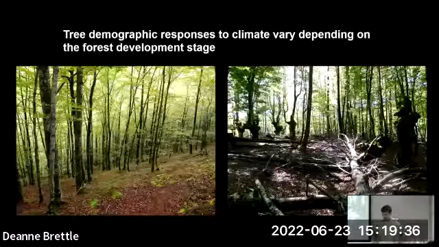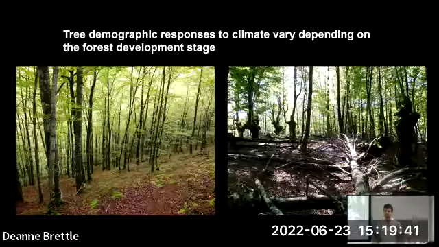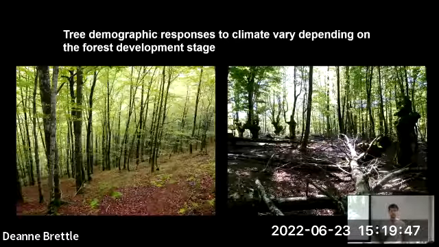Another variable apart from climate is that, as we were talking about before, there are old growth forests and young forests, right? And clearly they are not going to respond in the same way if it is a young forest or an old growth forest. These pictures are from my hometown in the Basque Country, in the north of Spain. It's Fagus sylvatica, or beech.